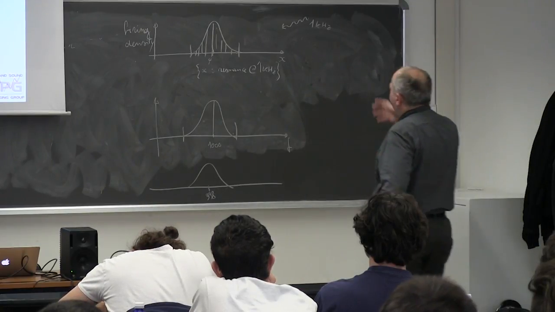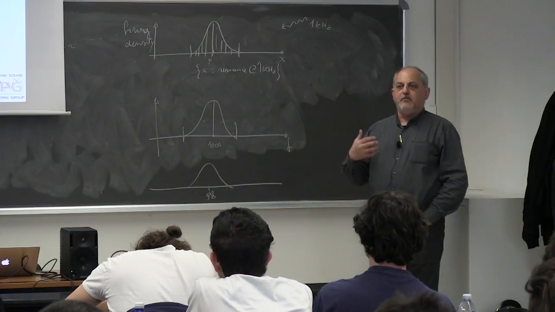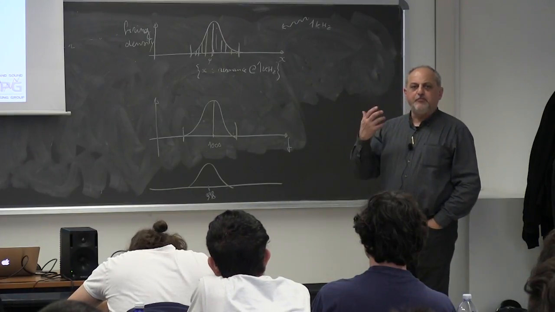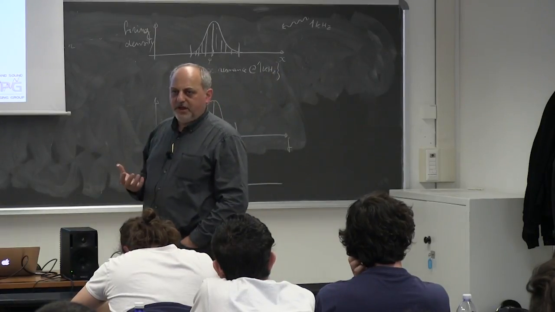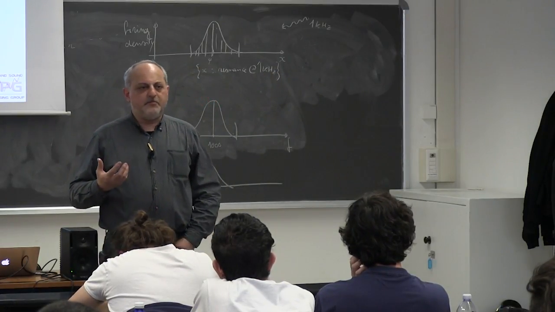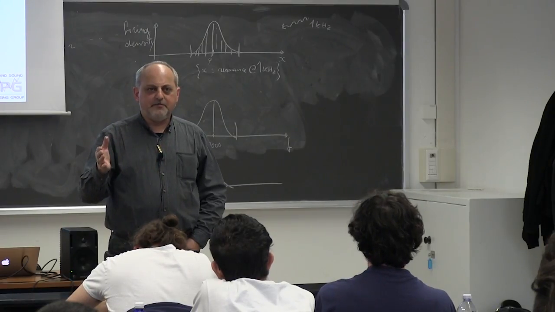Now, how does this translate into understanding when there are multiple tones? What does the brain do? Well, when there is a single tone, the brain does something that is very simple. It looks for a peak, and it tracks the peak, right?